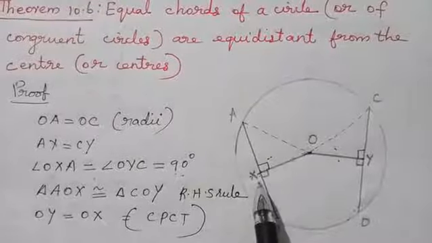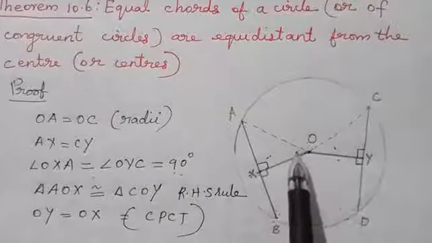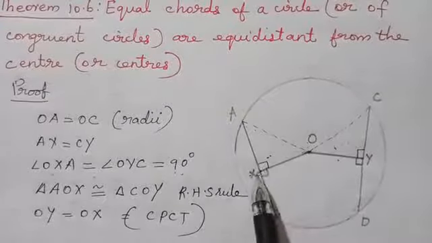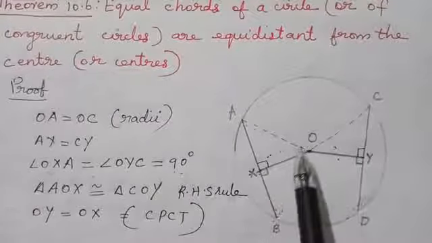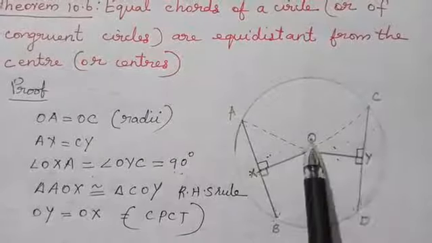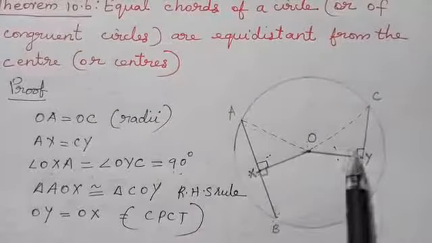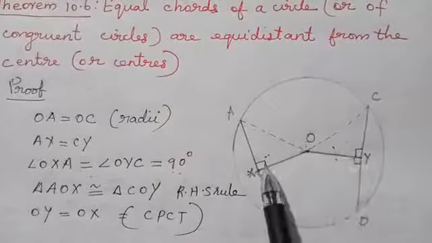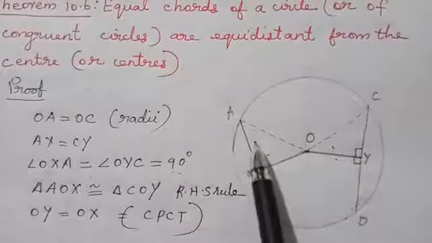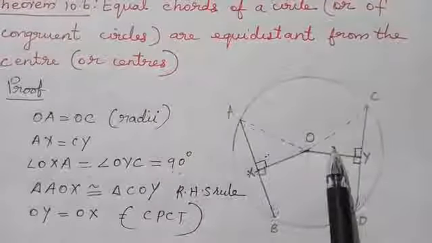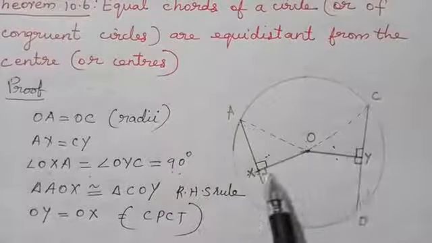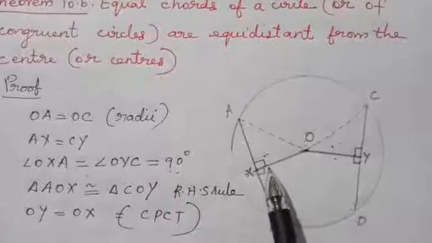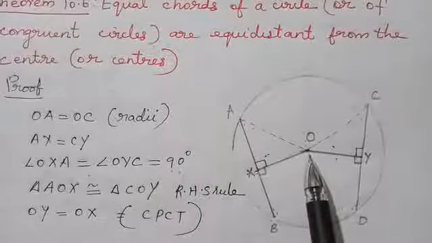Perpendiculars bisect the line segment. So AX equals CY. Angle OXA and angle OYC are both 90 degrees. So according to the RHS rule, these two triangles are congruent. Then OX equals OY, as corresponding parts of congruent triangles.